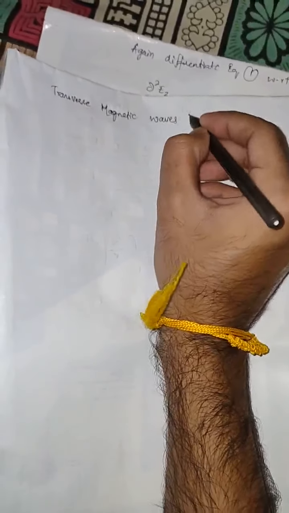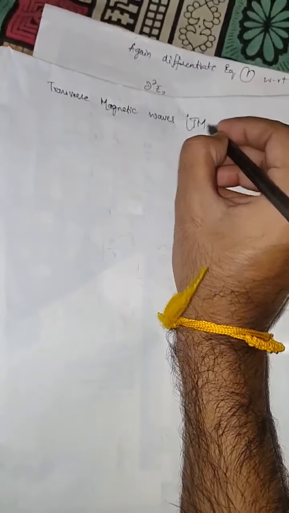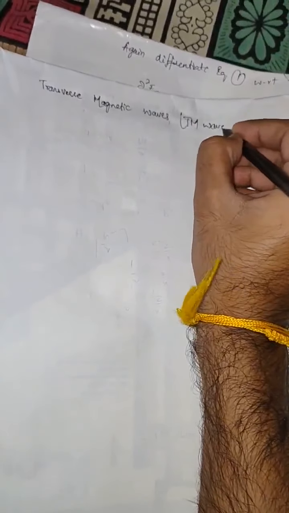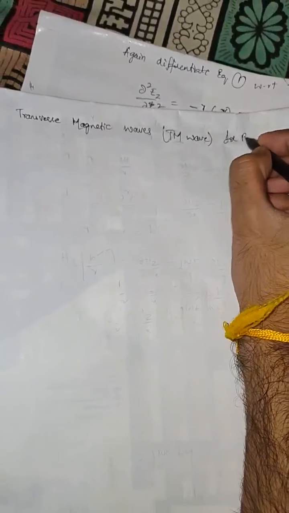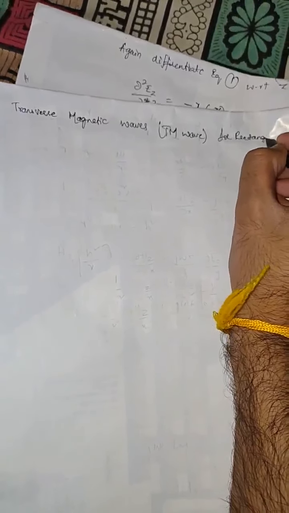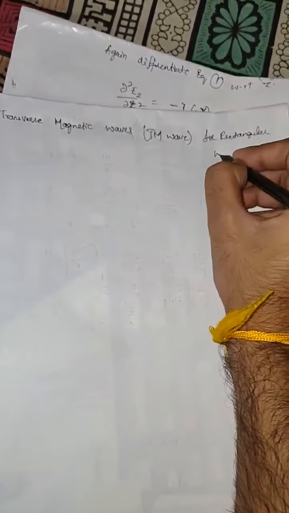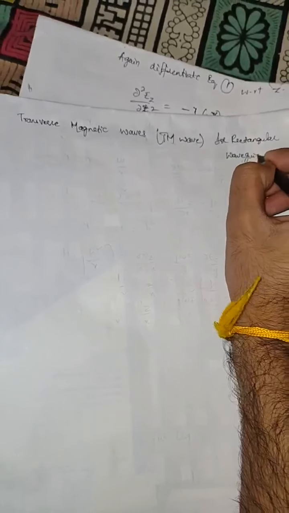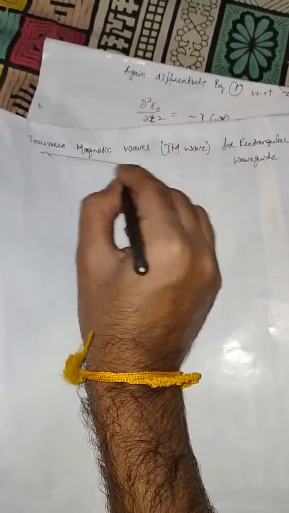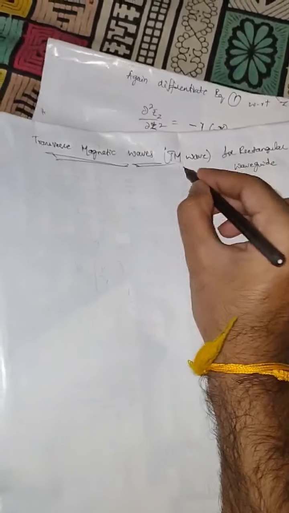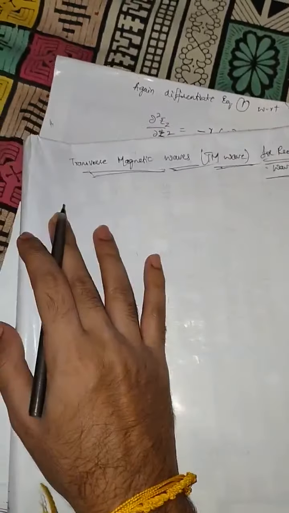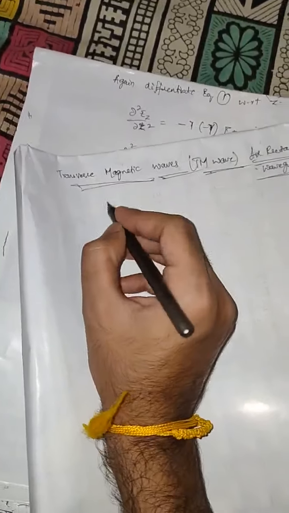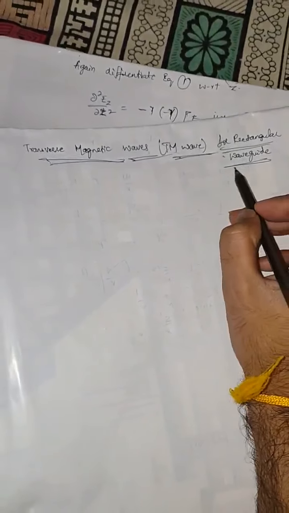Transverse magnetic waves, that is TM waves, for a rectangular waveguide.